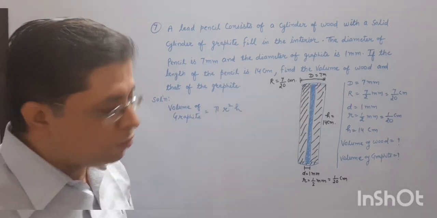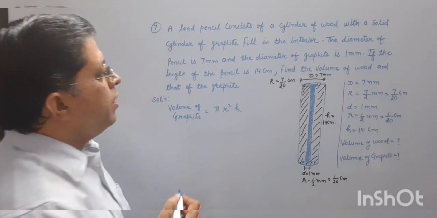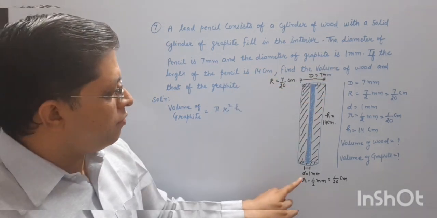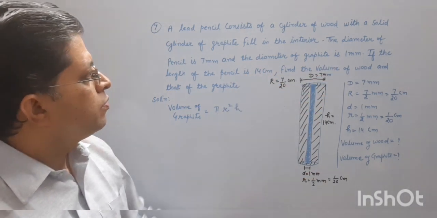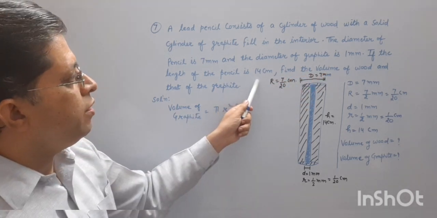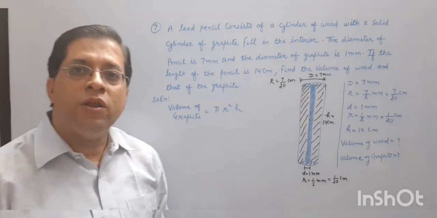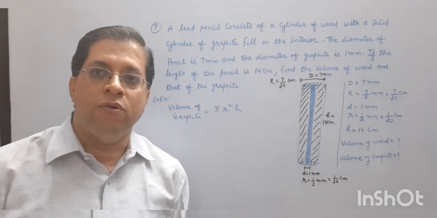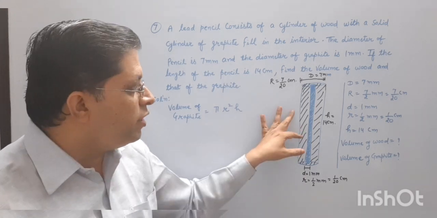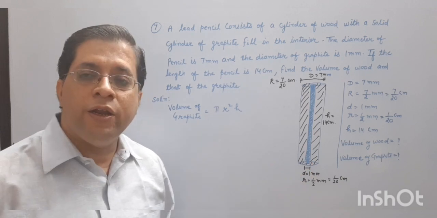And the diameter of graphite is given to you as 1 millimeter. If the length of the pencil is 14 centimeter, find the volume of wood and volume of graphite. Two things you have to find out: volume of wood, this black shaded part, and volume of graphite, this blue shaded part.